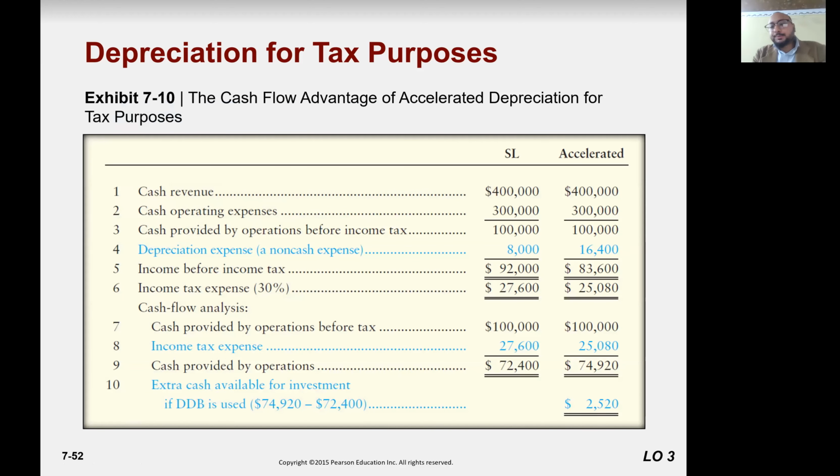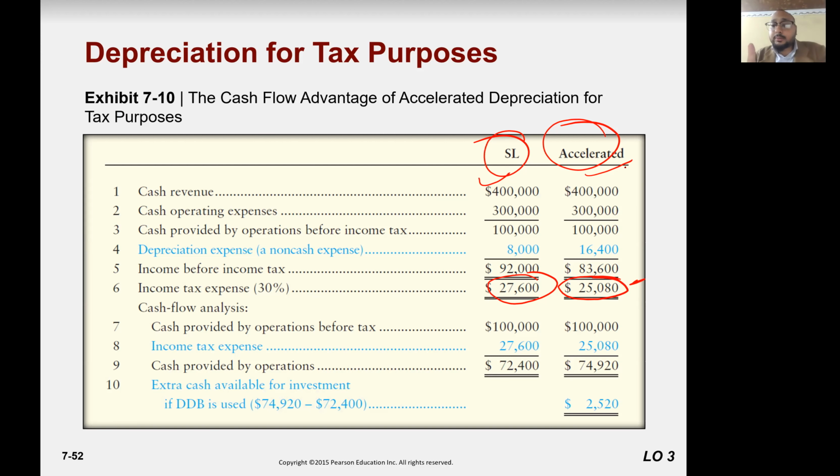So if you see here, the depreciation methods and tax savings, we have an income statement here. You see, sales are the same for both. One company is using straight line, the other is using the accelerated method. You see here the income tax expense in straight line is 27,000 and in accelerated it is 25,000. All right, it means there are lower taxes in the accelerated method in early years.